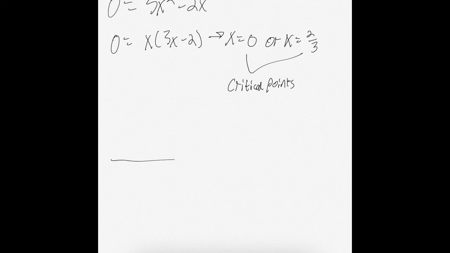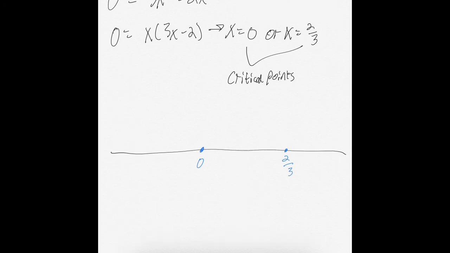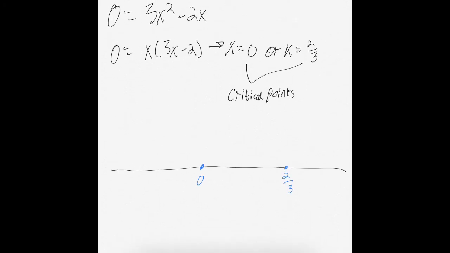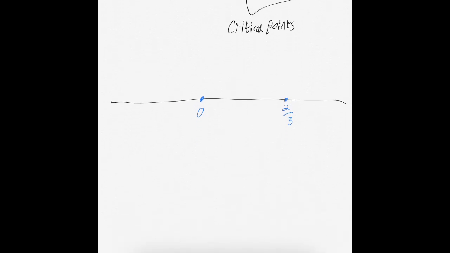Okay, so these are our critical points. So, again, we're going to set up our number line. And in this case, we only have two values. We have x equals 0, and we have 2/3.